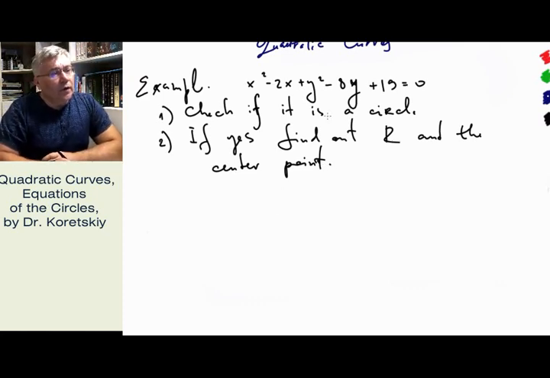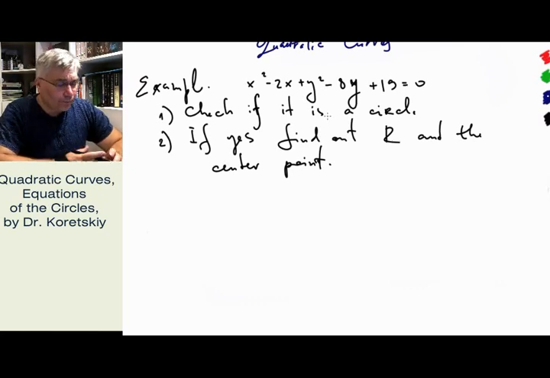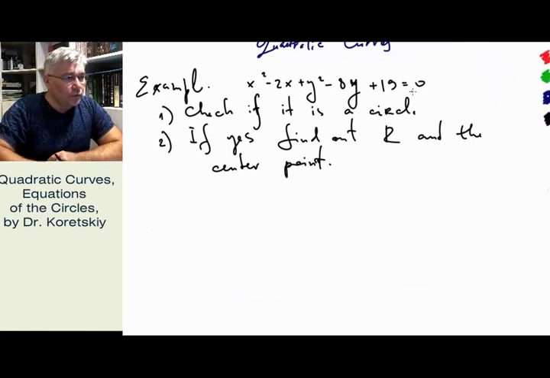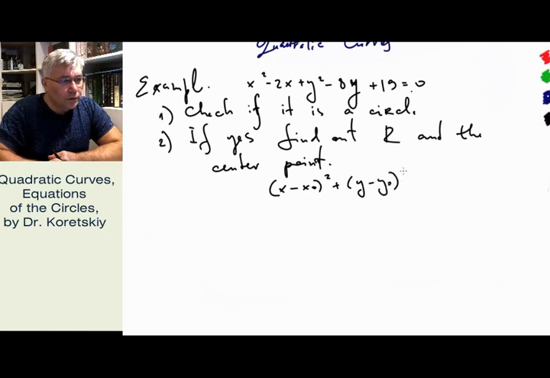If you face this kind of work, you have to reduce this expression to the canonical view of the equation of the circle. So we have to transform this given expression into this form: x minus x0 squared plus y minus y0 squared equals r squared.